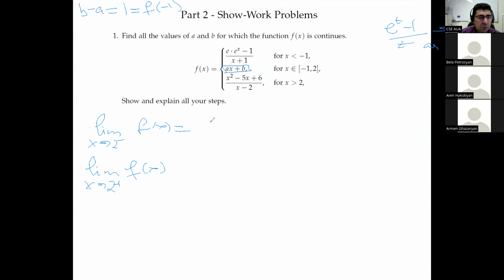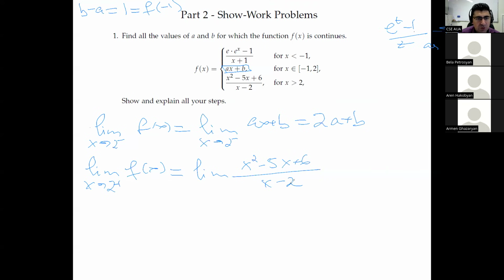From left, we have still ax plus b. And at point 2, limit is 2a plus b. And right side is x squared minus 5x plus 6 divided by x minus 2.